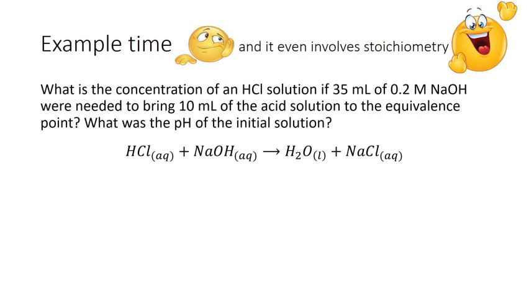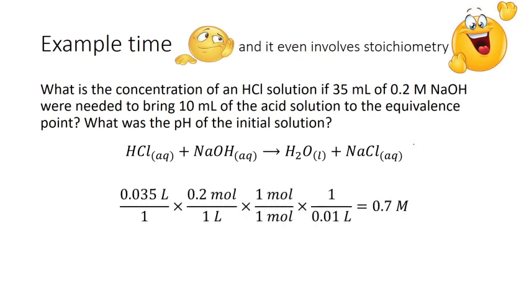We're just going to jump to our stoichiometry, where we know that we have 35 milliliters of our sodium hydroxide solution that was used, right? So that's our NaOH, our 35 milliliters or 0.035 liters. We know it has a concentration of 0.2 moles per liter, so we put that information in there.